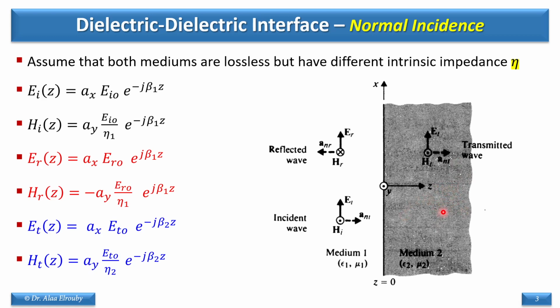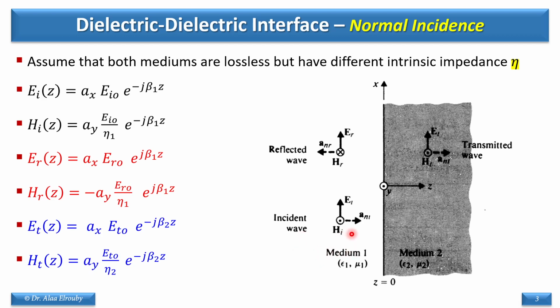If media 2 is a conductor, there is no electric field inside a conductor, so this is something new. And as we did before, the main idea to find out the conditions of the waves under this interface is the boundary condition. So we start by writing the different waves and then examine the boundary condition.